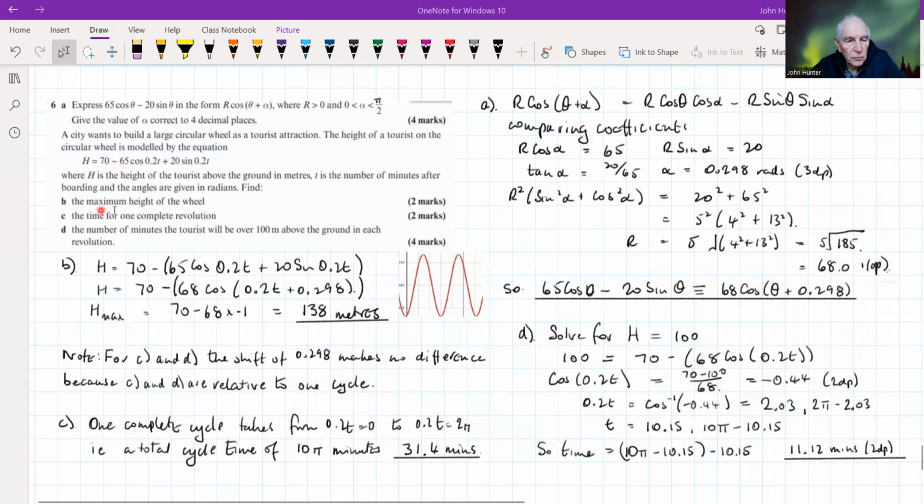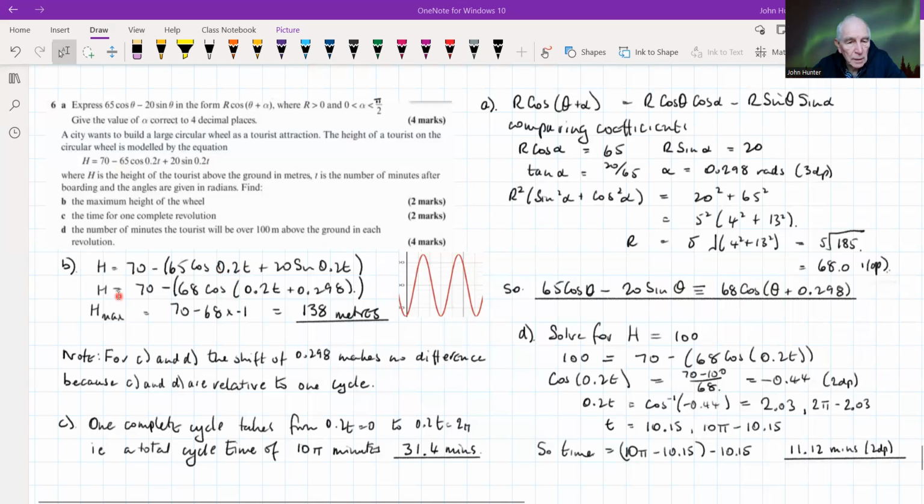Find first of all the maximum height of the wheel. All right, well let's have a think about that for starters. The first thing we do is take our expression here, and from what we've done in part A, we can rewrite this as that. So what we're saying is that our theta corresponds to 0.2t.